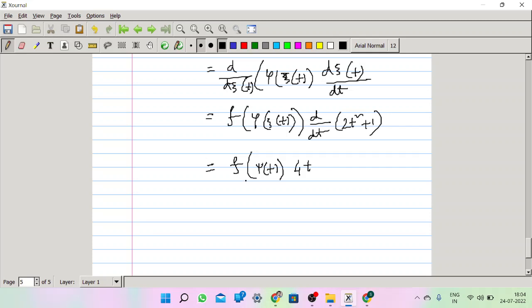So I get a t as 40, which is my option A. So a t equal to 40 is the required answer. This solves question number 2.